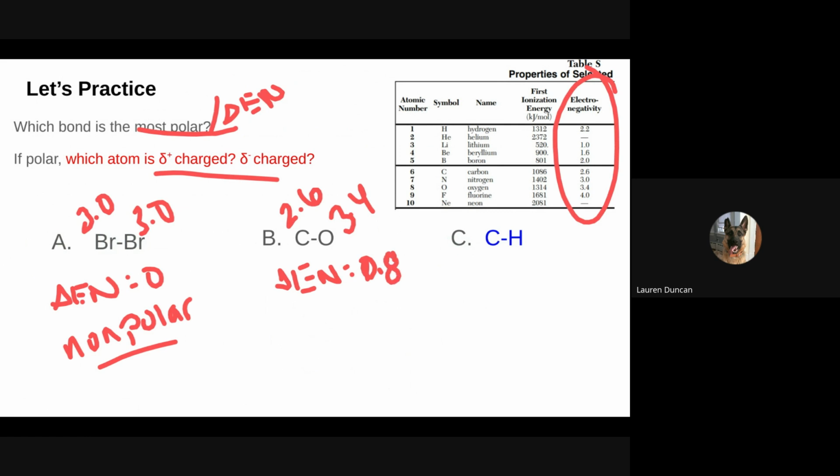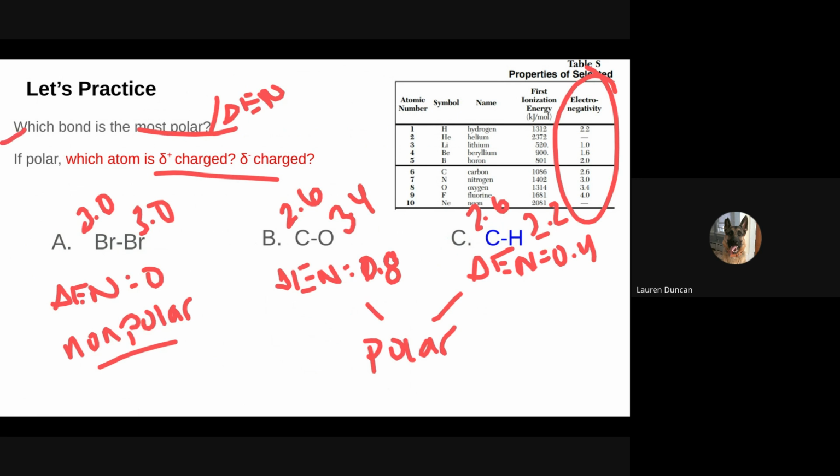That is an 8. And here in carbon-hydrogen, carbon's still 2.6. Hydrogen is 2.2. Okay, so we do have another difference in electronegativity, but this time it's only 0.4. So both B and C are polar bonds. They're both polar because there's some difference in electronegativity.